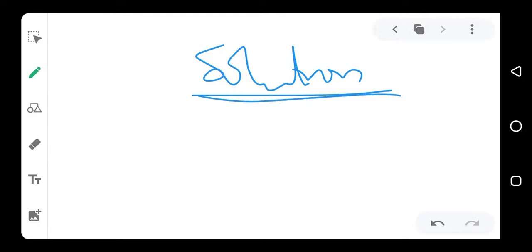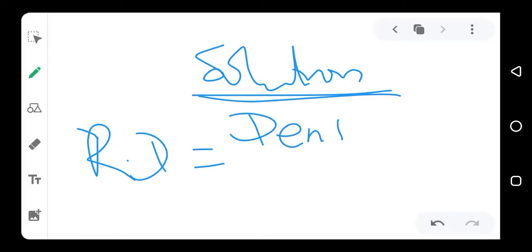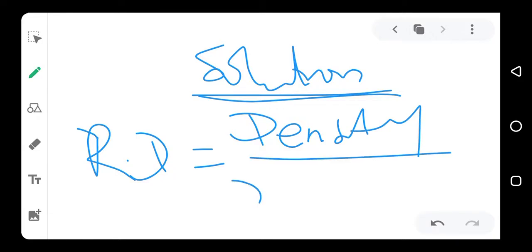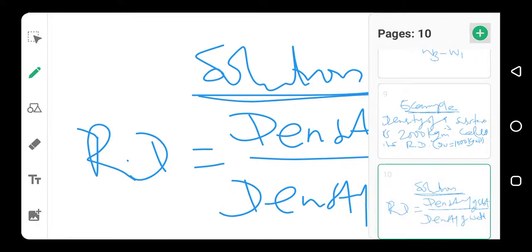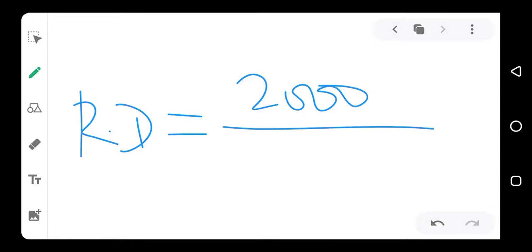Now, this is very simple to do. Solution. We say that relative density is equal to density of the substance over density of water, which is 2000, which is what is given to us, over 1000, which is the density of water also.